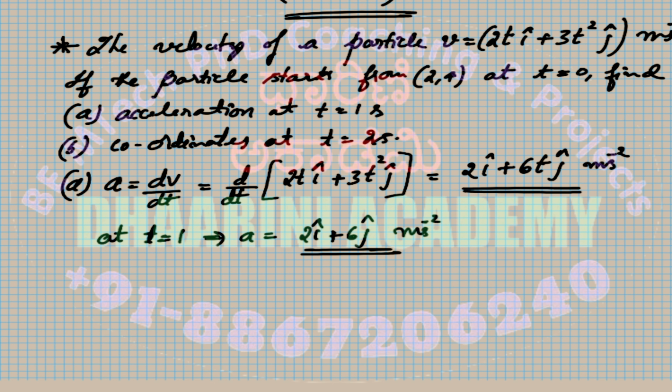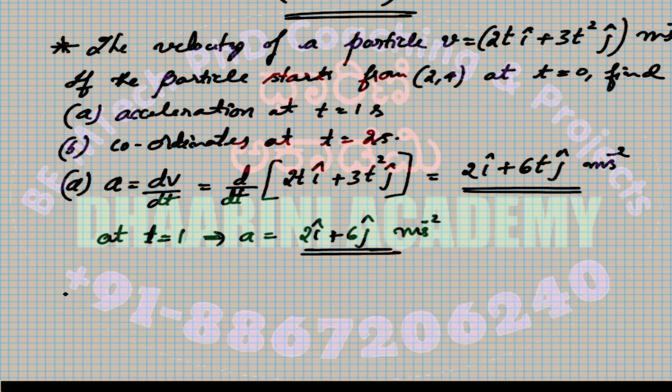All right, very similar to this. Now we have to solve the second part of the question, that is, we need to find the coordinates. This is related to the position, or the displacement. So part B of the answer. In order to find where it is located, I first need to find the position vector.